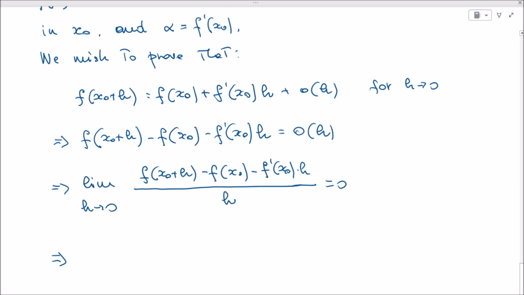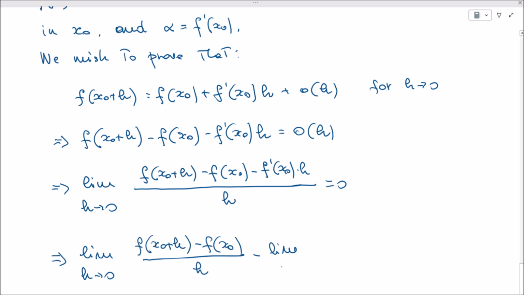But this is again the limit as h goes to 0 of f x naught plus h minus f of x naught divided by h minus, let's apply the algebraic theorems for limits. We see that this is the limit as h goes to 0 of h, and we can bring f prime of x0 outside of the limit because it is just a constant.